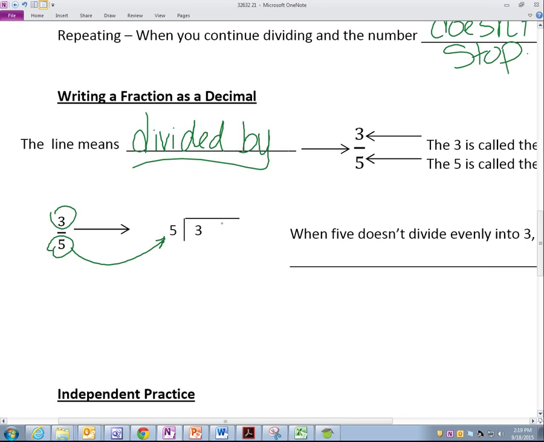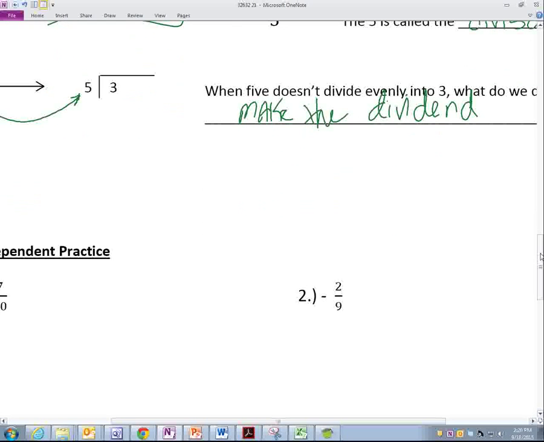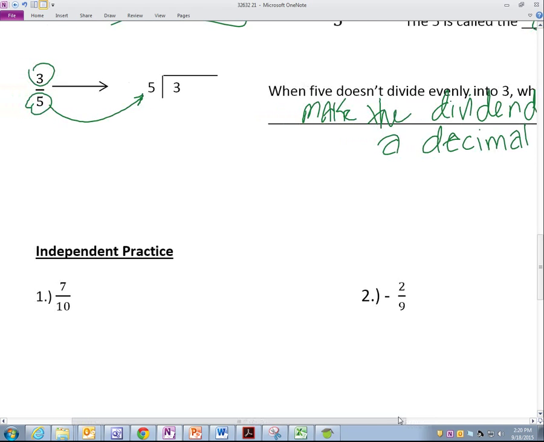So when 5 doesn't go in evenly, what we have to do is make the dividend a decimal. We make the dividend a decimal.